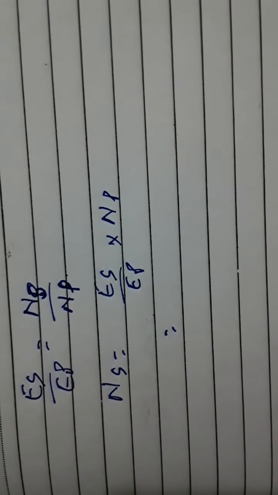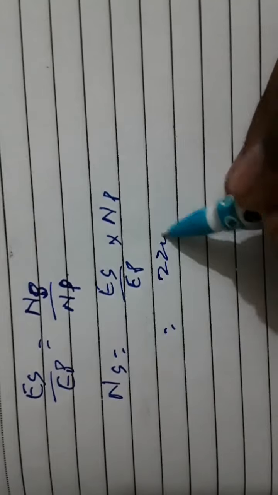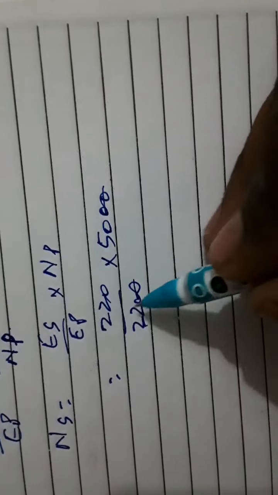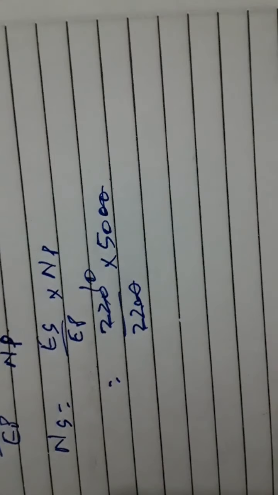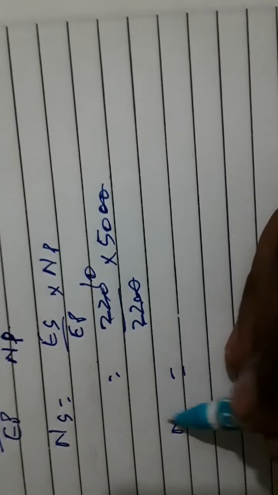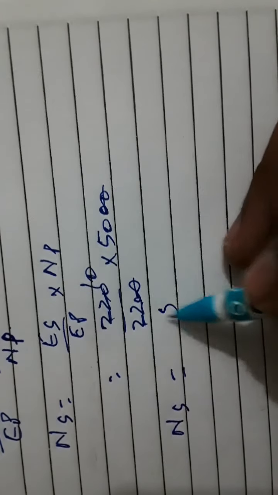Now the value of Es is 220, value of EP is 2200, value of NP is 5000. So now the number of turns in the secondary will be 500.